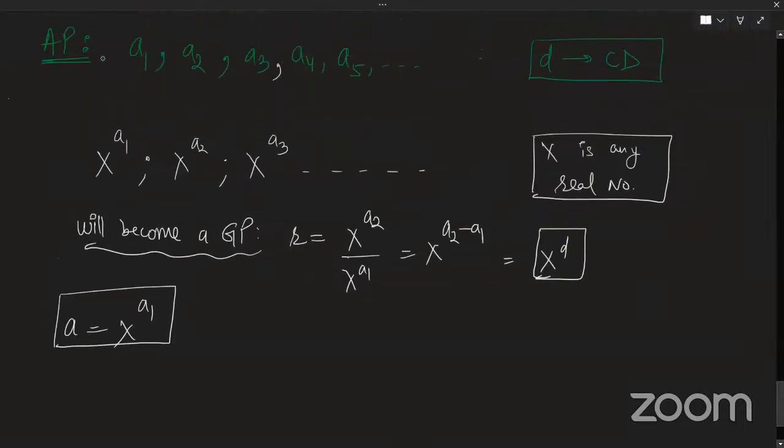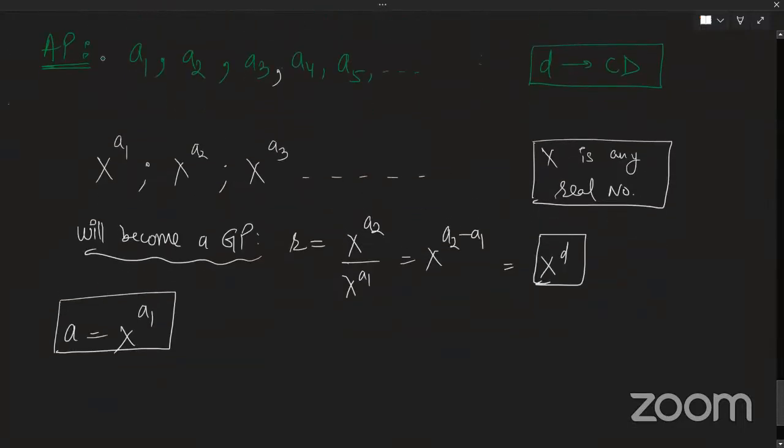Okay, anyways. So yeah, A1, A2, A3, A4, A5, they are in AP, arithmetic progression, and their common difference is D. So I am raising all of these numbers to any exponent x. So it is x raised to A1, x raised to A2, x raised to A3, x raised to A4.